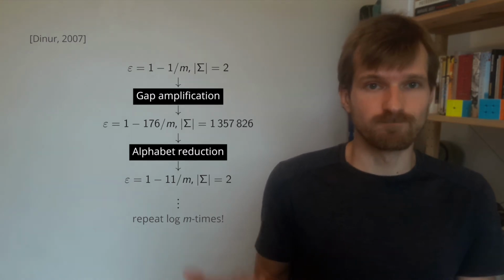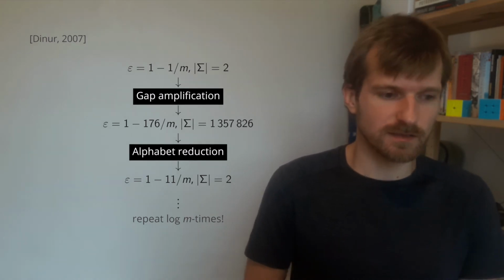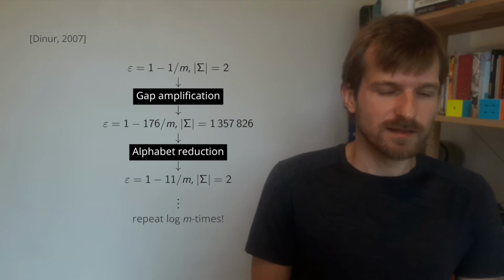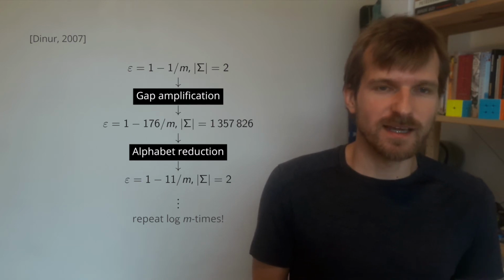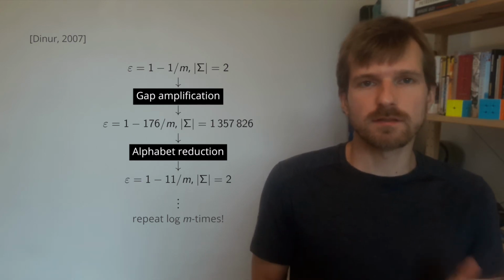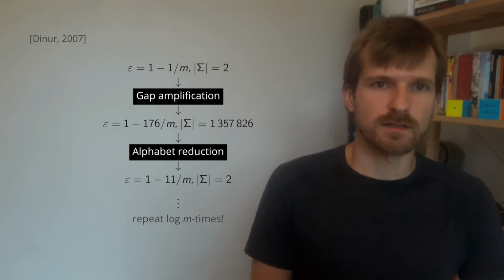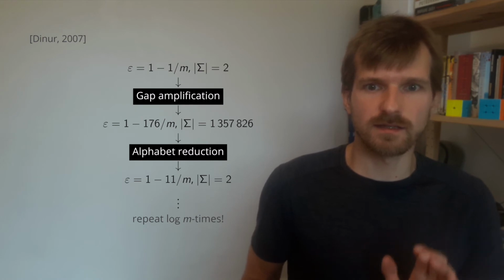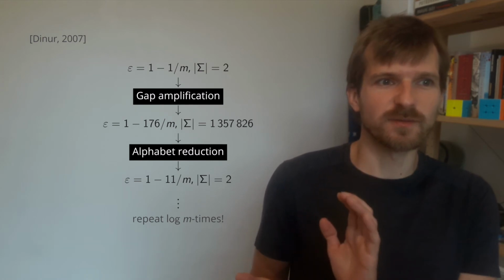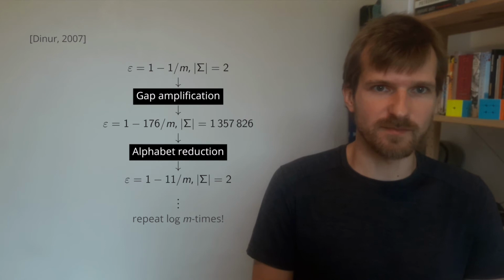So now, how do you do these two steps? That is the main question. And I will only talk about the alphabet reduction, though I must say that the key of the proof is actually in the gap amplification step.